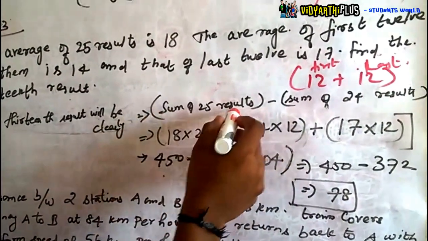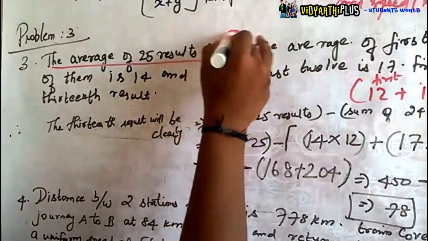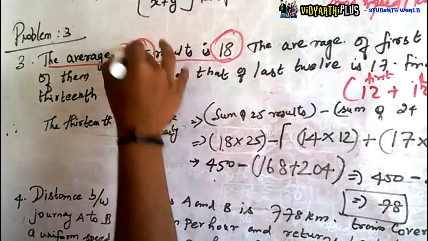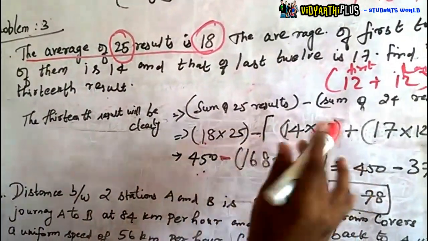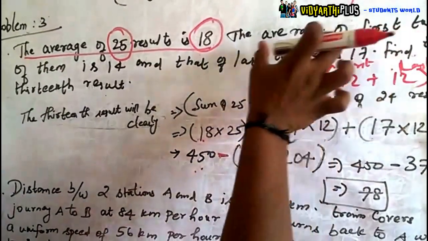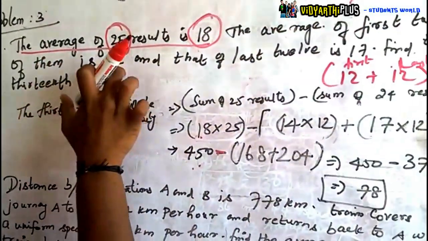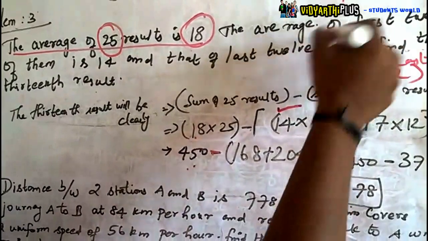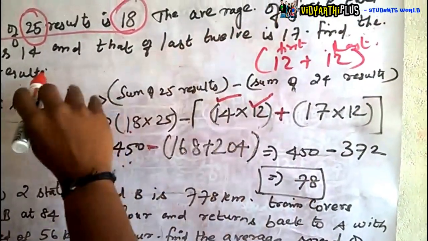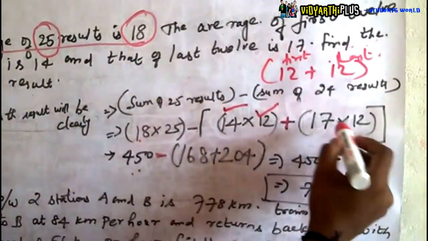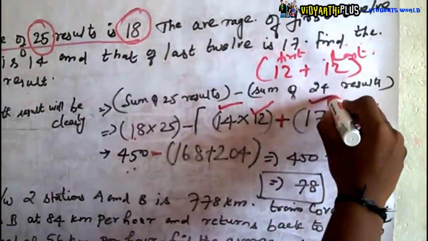Therefore we find the 13th result by the sum of 25 results minus the sum of the 24 results. The sum of the 25 results is 18 into 25, which is 450, minus 14 into 12. What is this 14 into 12? The average of the first 12 is 14, so the average into the number of results, 12. Plus 17 into 12 for the last 12, whose average is 17.